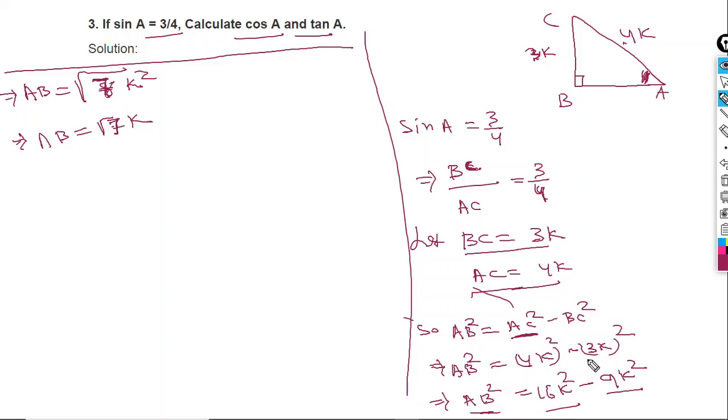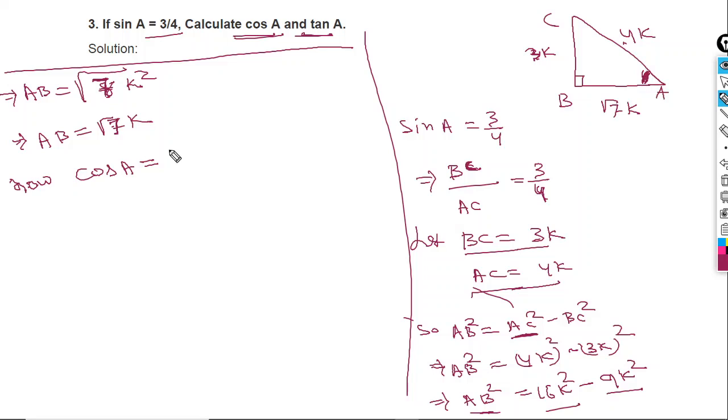So now we got the value of this is root 7K. Okay, so now what we will do? We have to find cos A and tan A. Now we will find cos A. Cos A is equal to, look at the figure, cos A means side adjacent of angle A divided by hypotenuse.